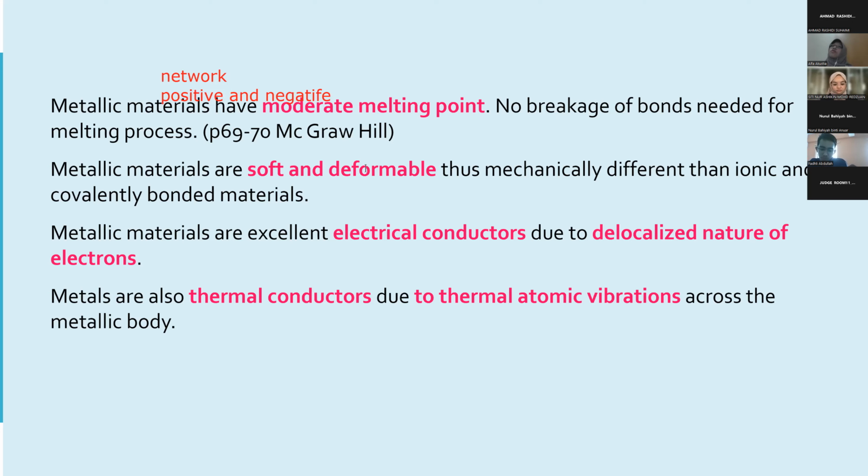Metallic materials are soft and deformable. They are mechanically different from ionic and covalent bond materials. Metallic materials are excellent electrical conductors, due to the delocalized nature of the electrons.